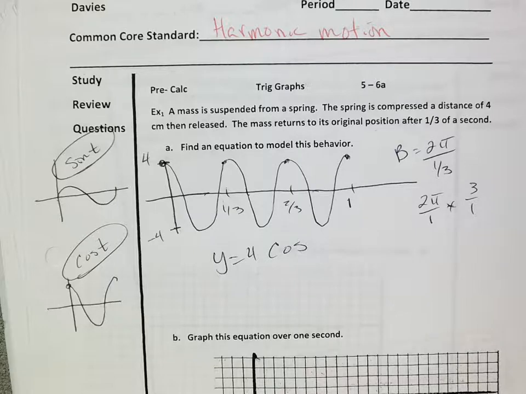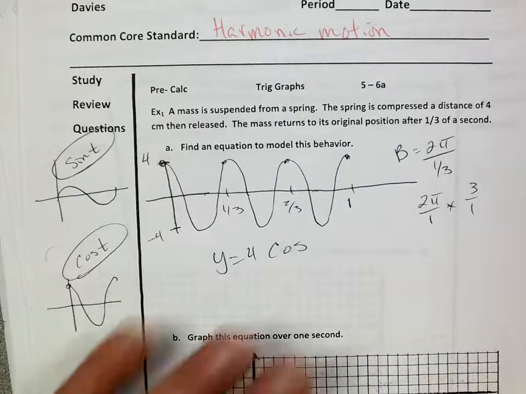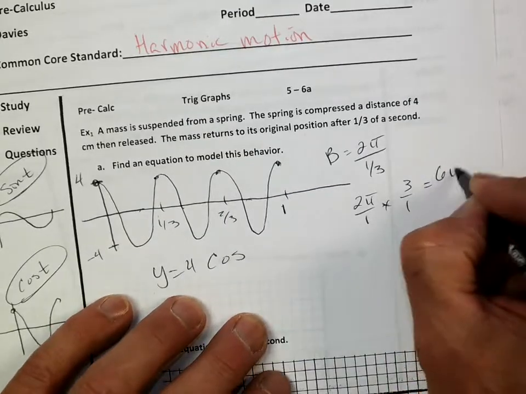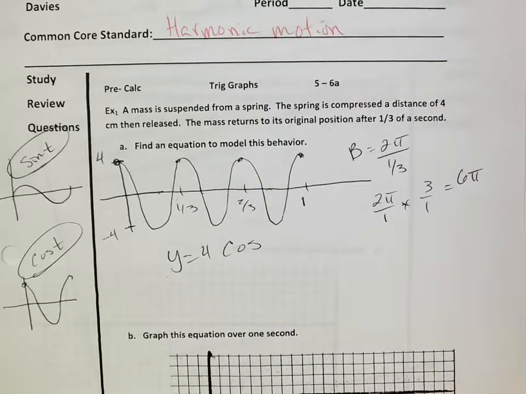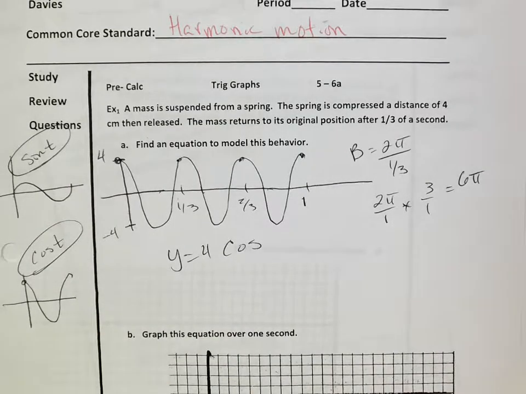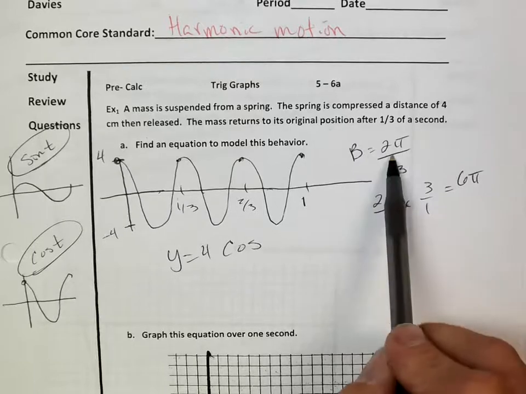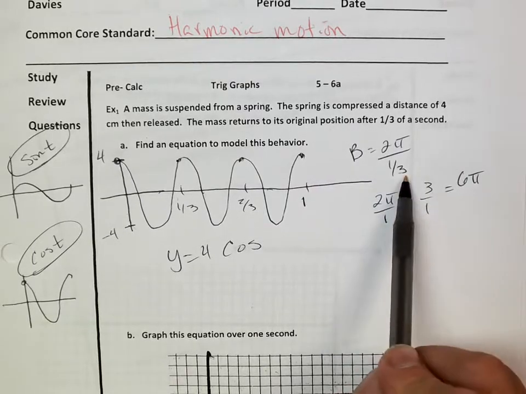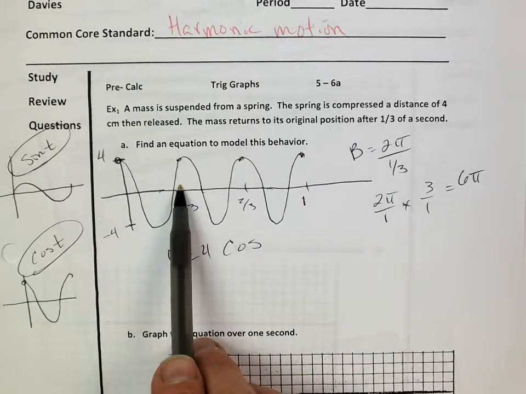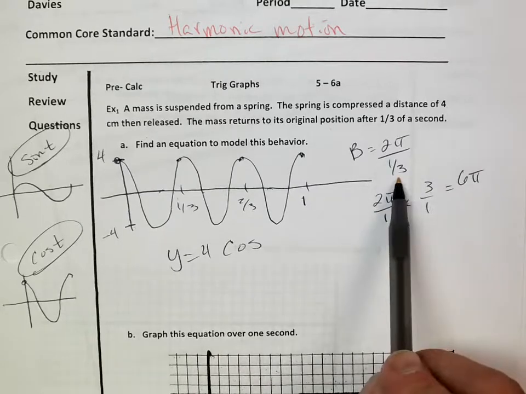Now, so b, or the frequency, is 6 pi. Okay, so what I did is I took 2 pi, always 2 pi, and I divided it by the curve width. So I got 2 pi divided by 1/3.